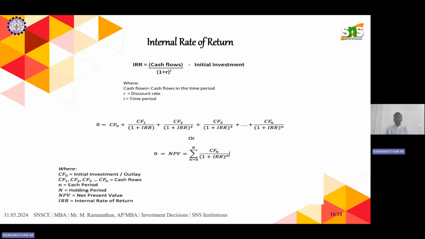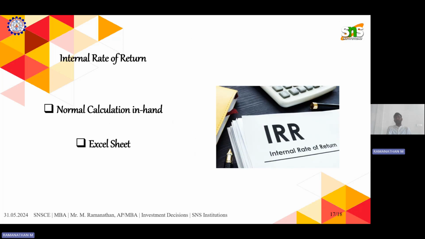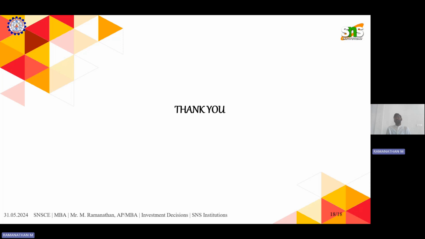Here the R is IRR. Based on the IRR, we have to assume values and work toward it, so that you can obtain the internal rate of return through normal calculation by hand. Also, in an Excel sheet you have an IRR function, so you can easily come out with the IRR percentage. Thank you all.